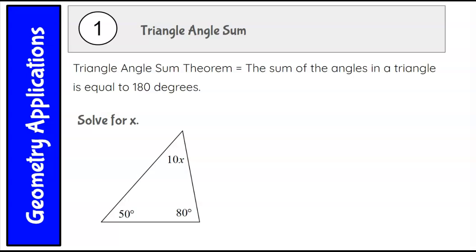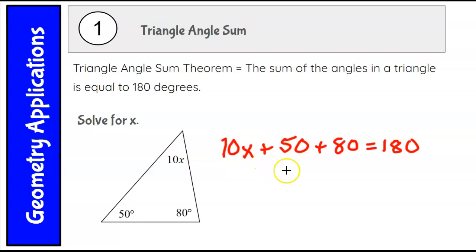I can make that into an equation. 10x plus 50 plus 80 equals 180. And then I just need to solve for x. Then I will combine like terms, combining 50 and 80 to make 10x plus 130 equals 180.